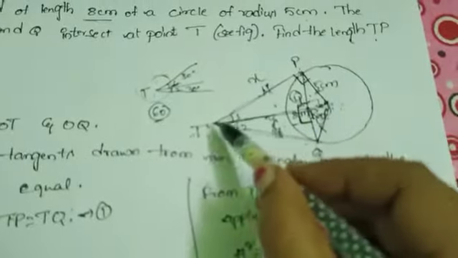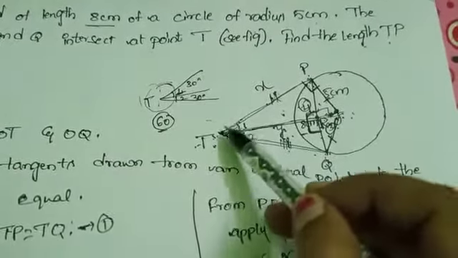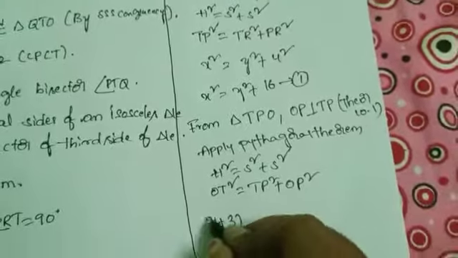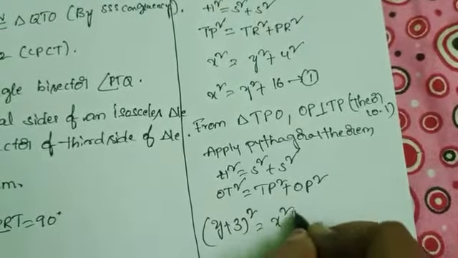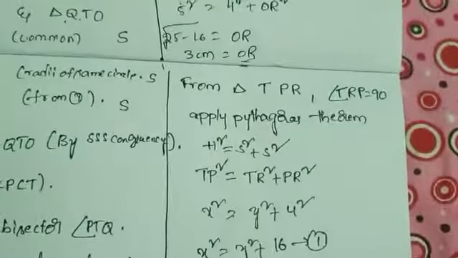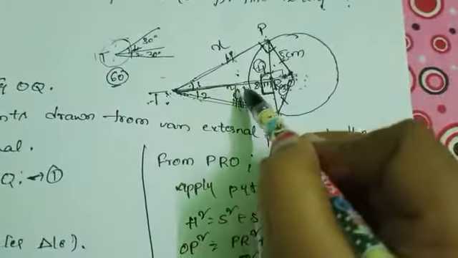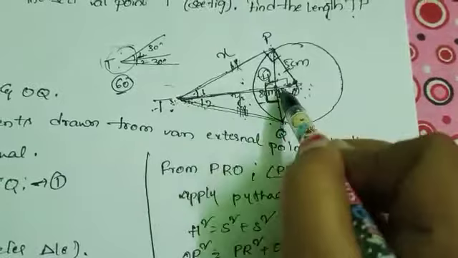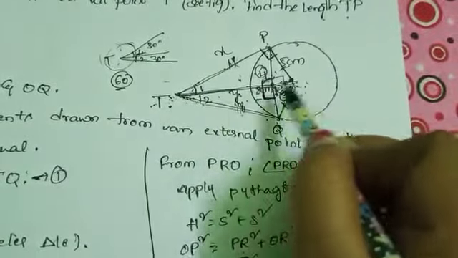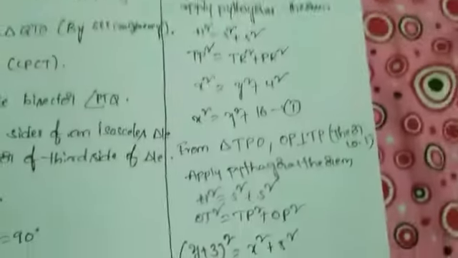Here the hypotenuse is OT. OT square equal to TP square plus PO square. TP equal to X, OP equal to 5. OT is TR plus RO, Y plus 3. So OT equal to Y plus 3 whole square.